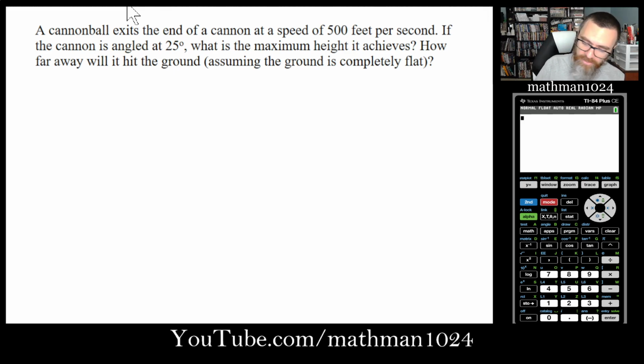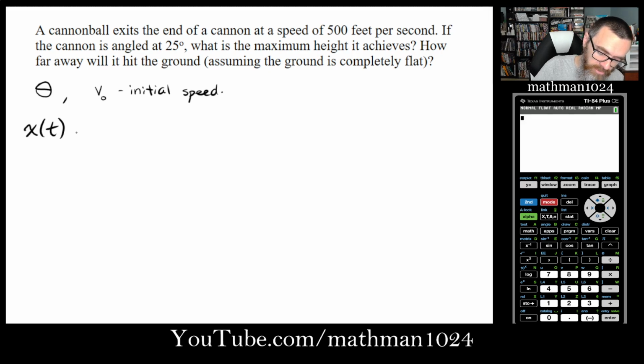Now, before we jump into all of this, there's some things that we need to know. So when we have our theta, our launch angle, and we have our v sub 0 or v naught, this is going to be our initial speed. Here's how we set up our parametric equations. The way that you travel along the x is going to be v naught times the cosine of theta times t.